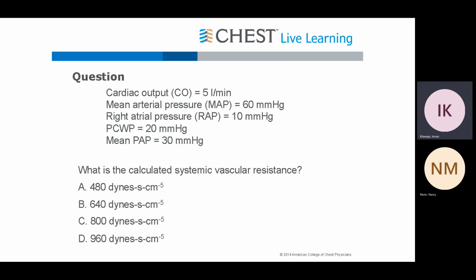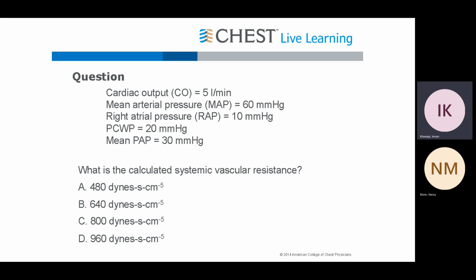So what's the equation for systemic vascular resistance? It is the pressure gradient divided by the flow, the cardiac output. The pressure gradient isn't pulmonary artery pressure minus wedge; that's the TPG. You're asking about systemic vascular resistance, so what's your upstream and downstream pressure?